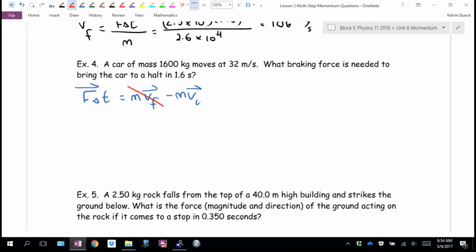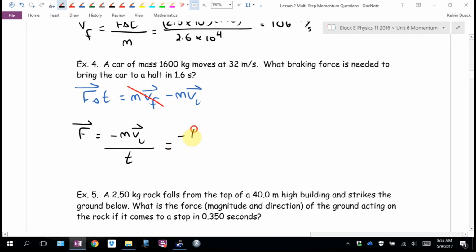How would I get the force by itself? So the force is going to be negative mv initial divided by time. Delta t, but there's always a delta in front of t, so we get lazy and sometimes just don't bother writing it.